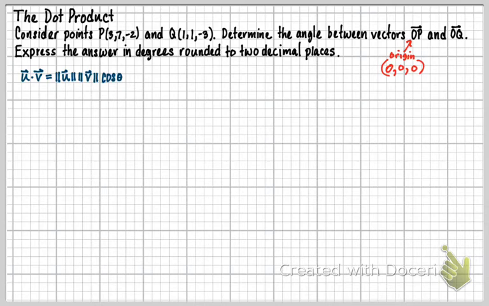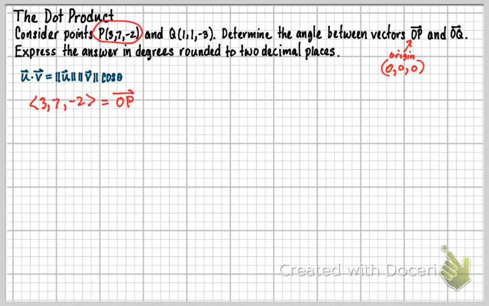Since our vectors are starting at the origin, that makes the vectors really easy to create. So the vector OP is going to be 3, 7, -2. And we know this because this is where it stops.